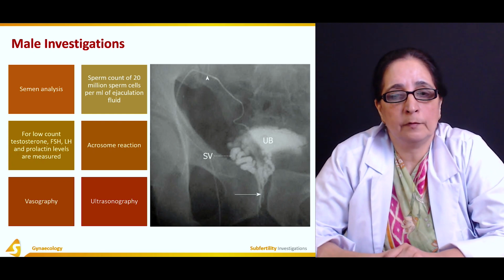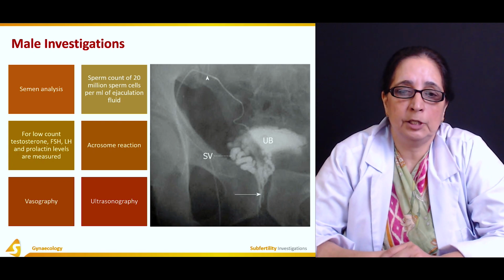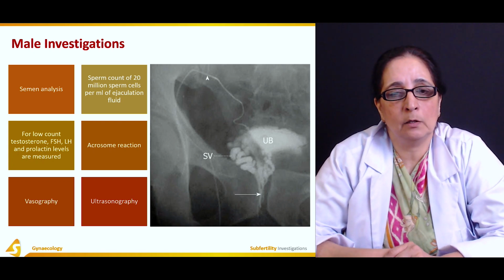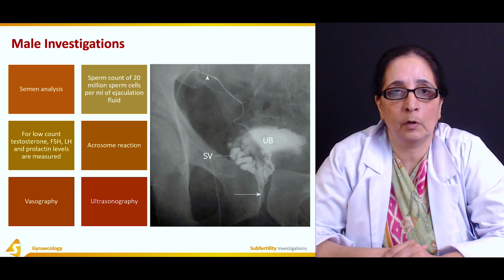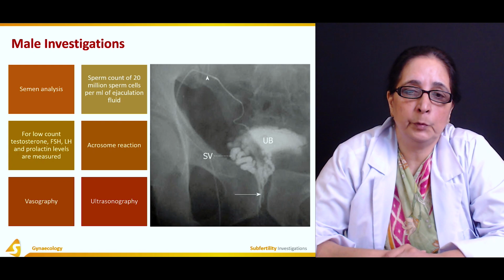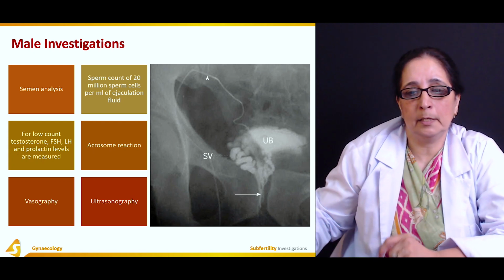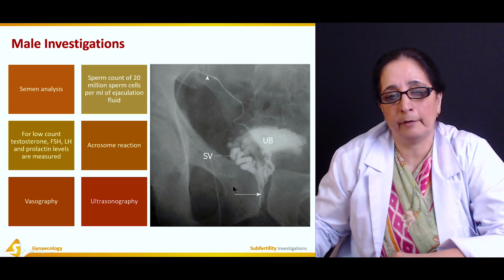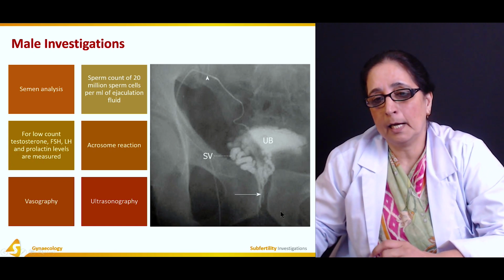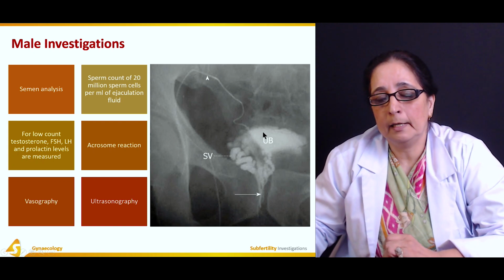Again, low count of testosterone, which is a male hormone, FSH, LH, and prolactin. All these hormones are important for male fertility also. So their level should be tested. Then vasography, this is the picture here of the vasography. In vasography, a dye is injected, and if it flows normally, then it's normal.